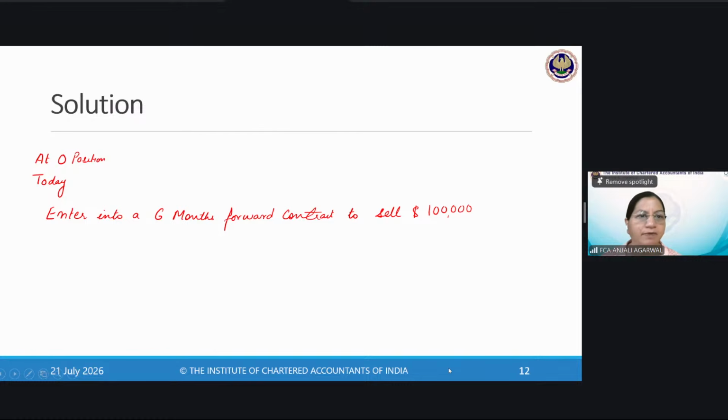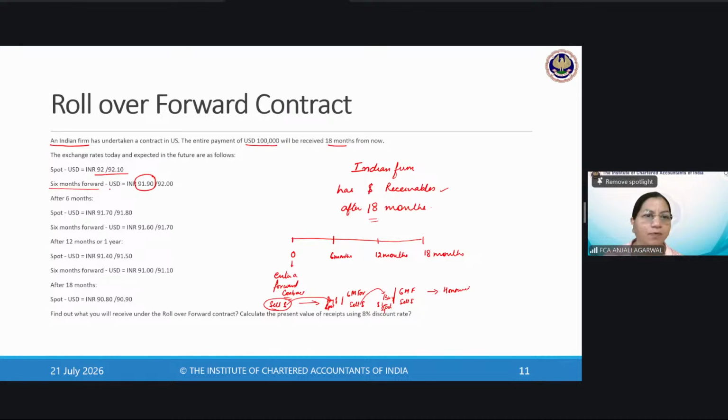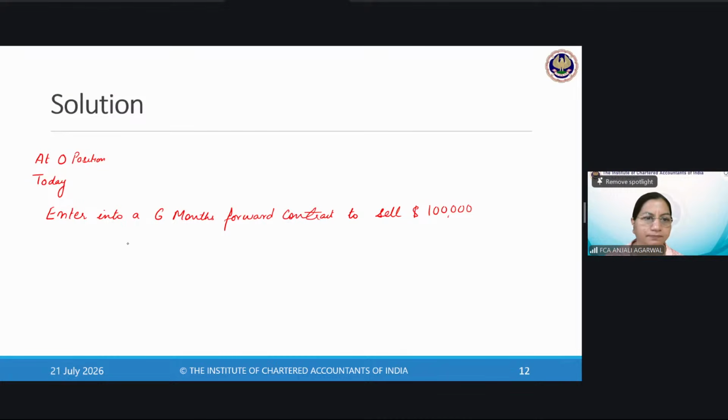The rate applicable will be $1 is equal to 91.90. This is the forward rate, and we will use bid. That's what we are going to do in position 0.